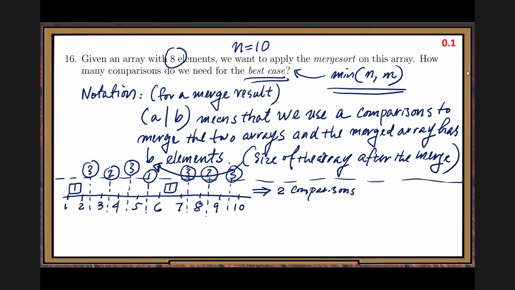Because when we merge, we go the opposite way, 3, 2, 1.